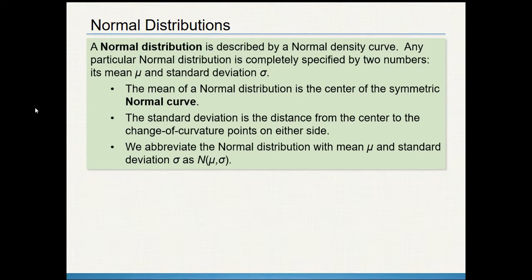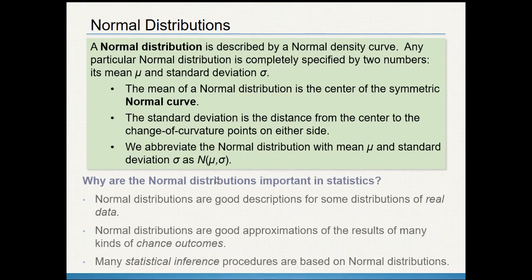And we abbreviate normal distribution with the mean mu and standard deviation sigma as capital N, parentheses, mu comma sigma, close parentheses. So when you see that capital N, number comma another number, that means you're given the mean and the standard deviation of that normal distribution. It's a normal distribution with that mean and that standard deviation.